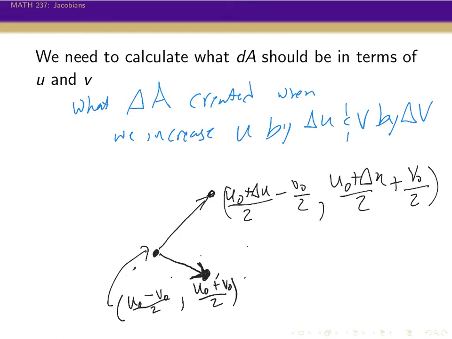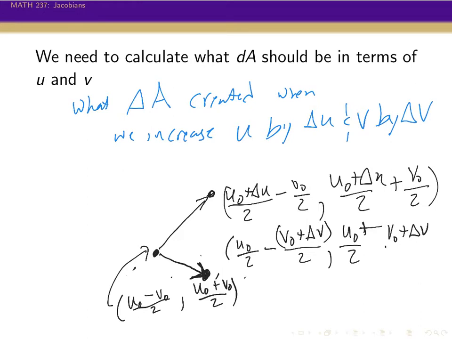And so this would be u naught over 2 minus (v naught plus delta v) over 2, comma, u naught over 2 plus (v naught plus delta v) over 2.